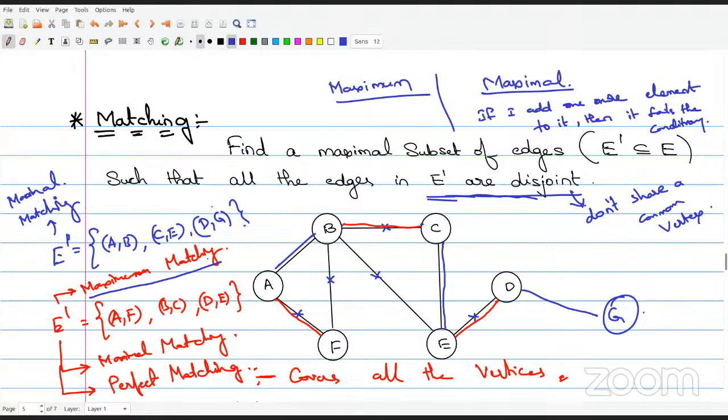So this maximum which we are comparing with maximal, is this the maximum independent set? No, this is not the maximum independent set. See, maximum independent set is for vertices.